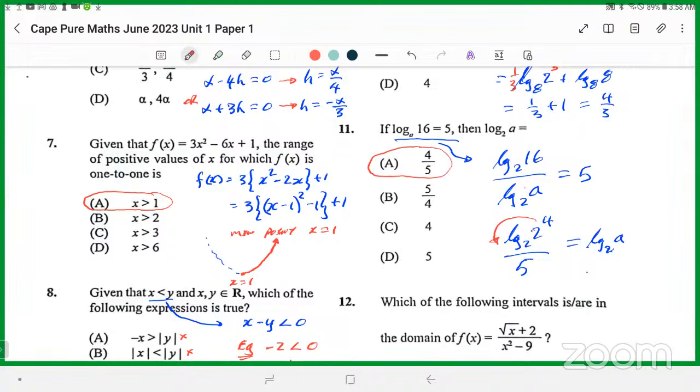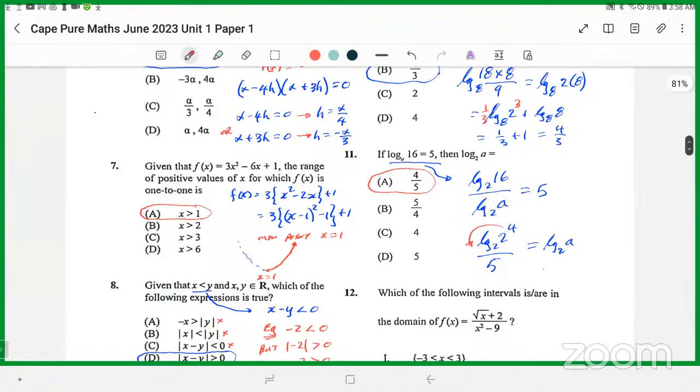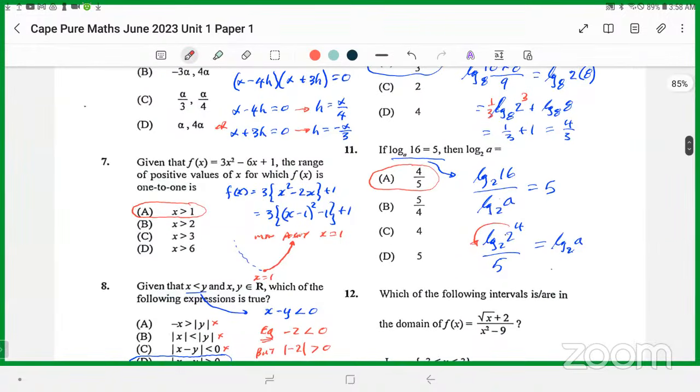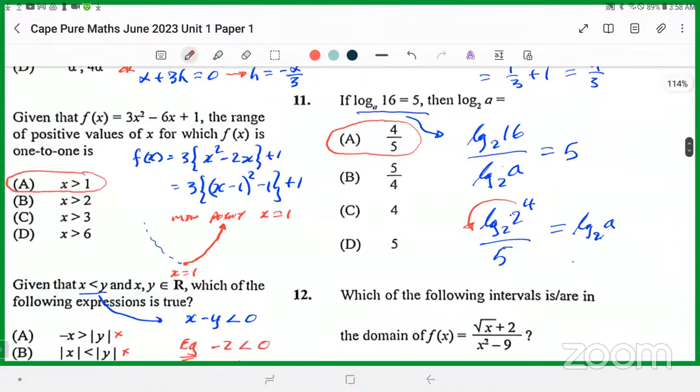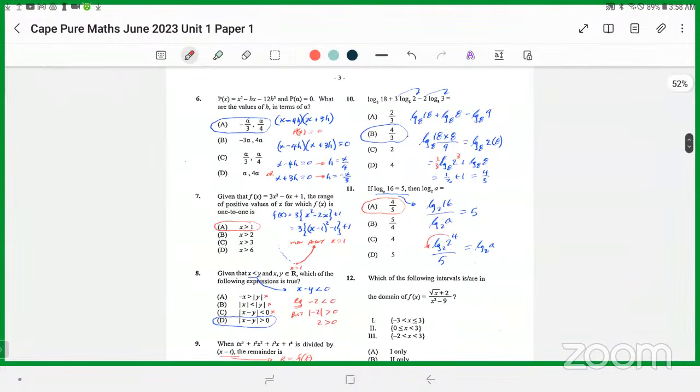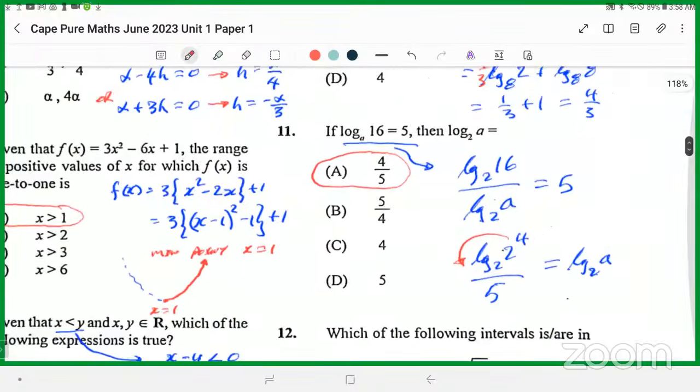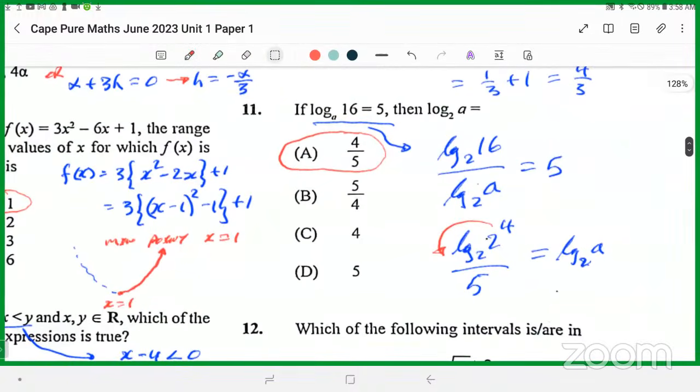All right, so the log to base 2 of A becomes 4 over 5. Leaving that 4 comes to the front. I'm going to make this smaller and write another line.